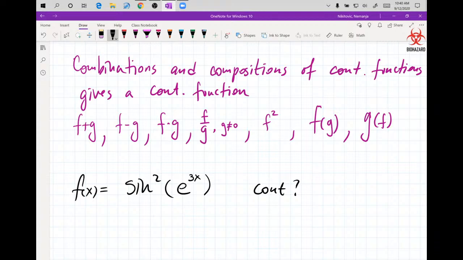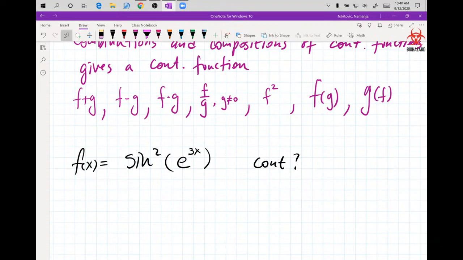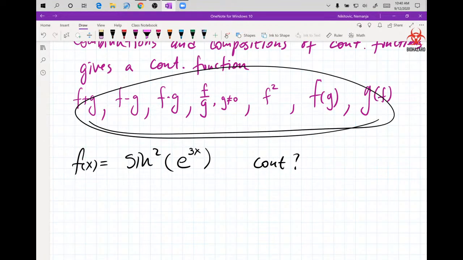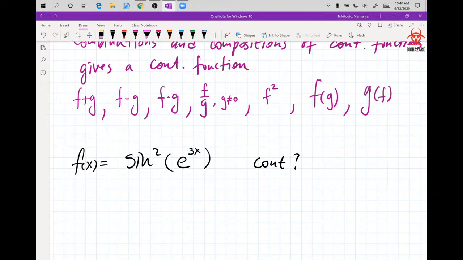Nick, what would you do? You actually use this, and you write a paragraph answer that the function is continuous.